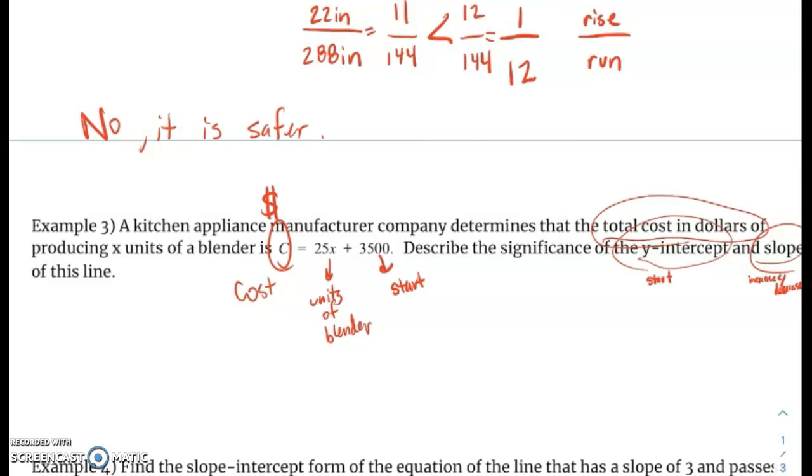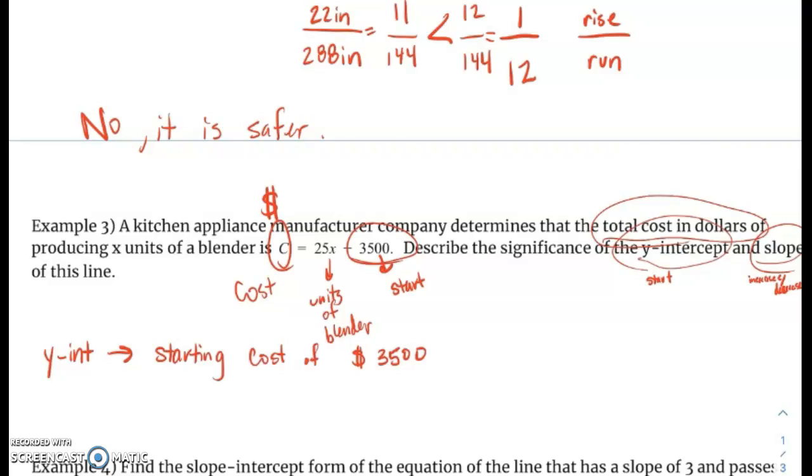So we're talking about money here. So that means the y-intercept means we have a starting cost of $3,500.